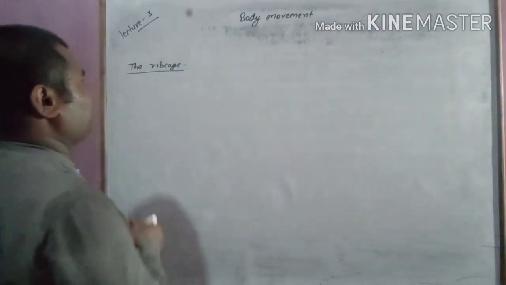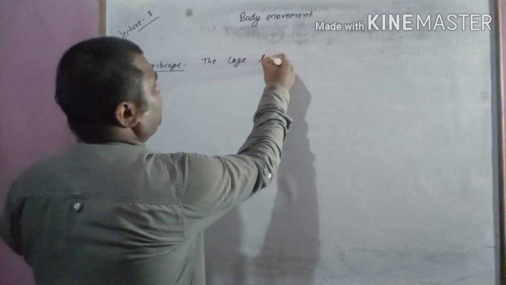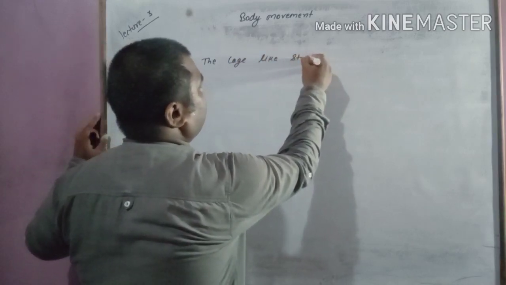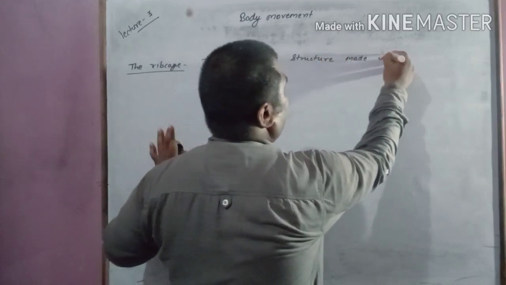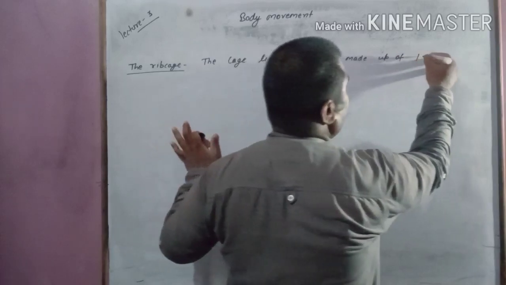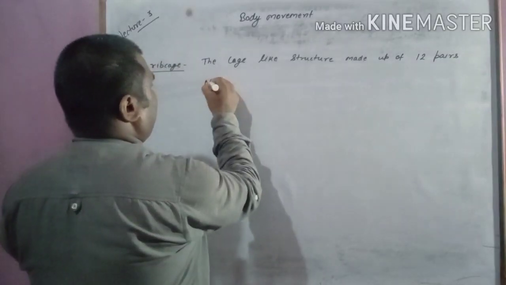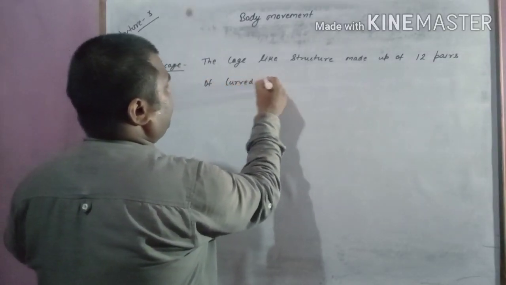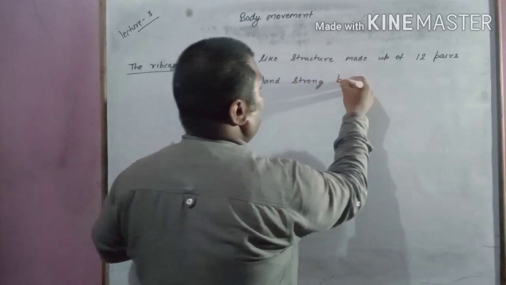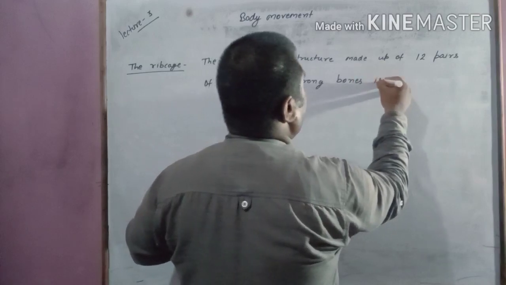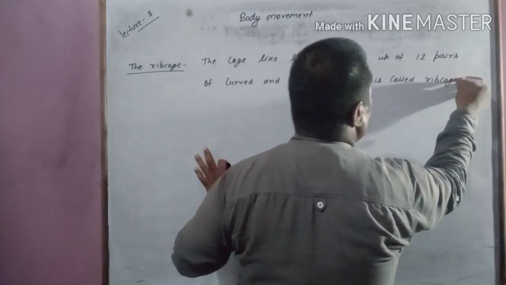What is the rib cage? The cage-like structure made up of 12 pairs of curved and strong bones is called the rib cage.